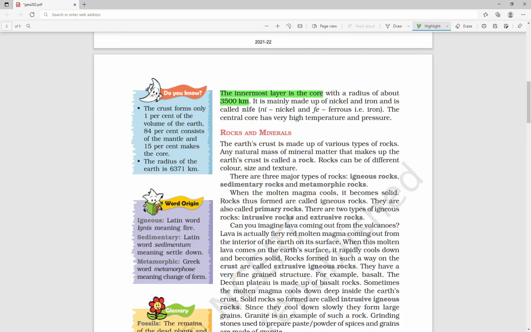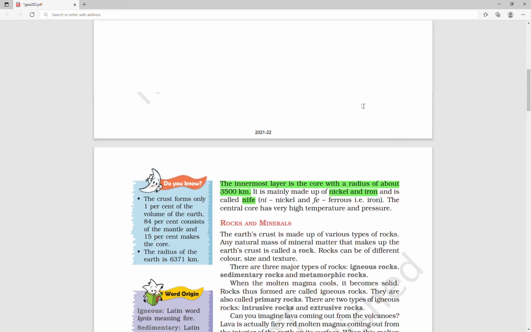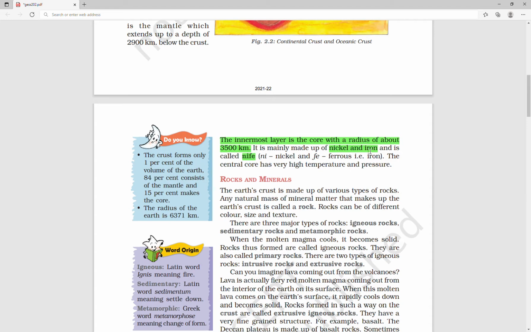It is mainly made up of nickel and iron. It is called NIFE. Here we call it NIFE, as you can see in the bracket.